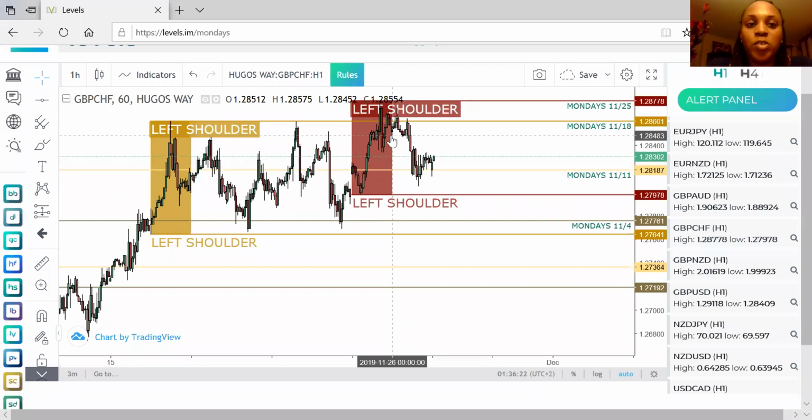And the confirmations for the head means that it needs to break out of that Monday's region, right? It needs to break out and it needs to come back within. Once it comes back within with a solid body candle closing within, then you can put in your sell limit.